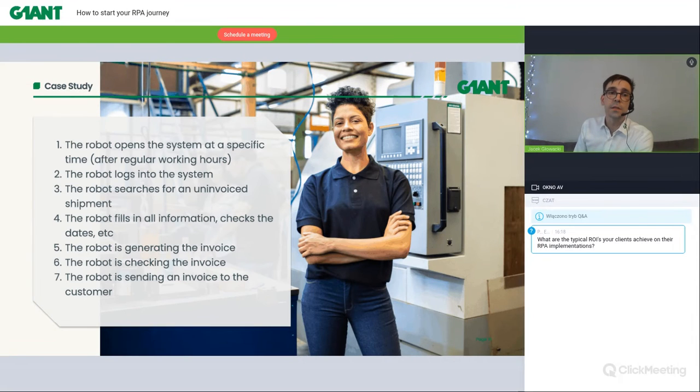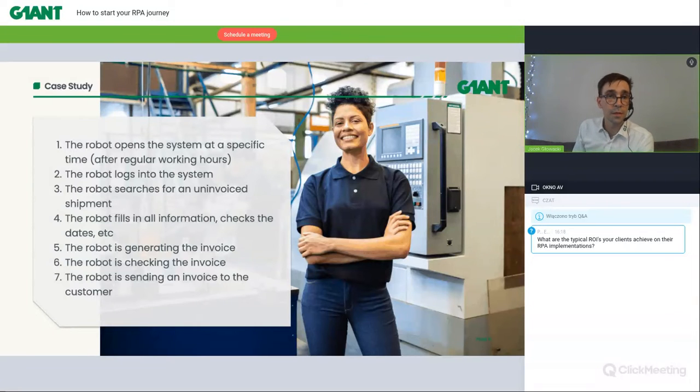So let me just describe the process step by step. First, the robot opens the specific system at a specific time, which is after working hours. Then the robot takes the credentials and logs into the system. Then the robot searches for uninvoiced shipments.